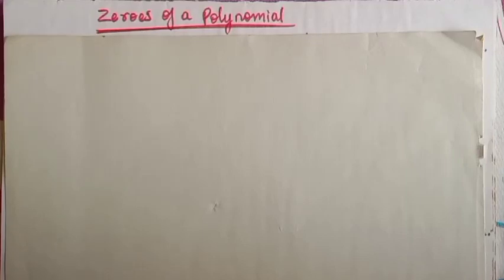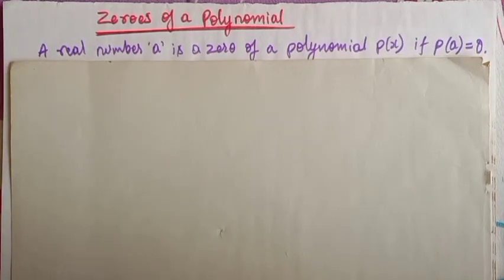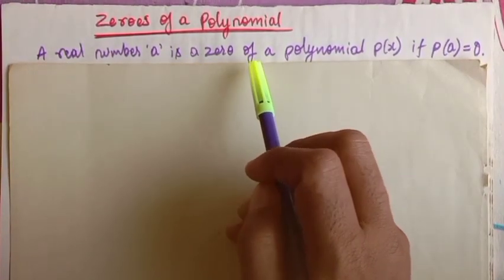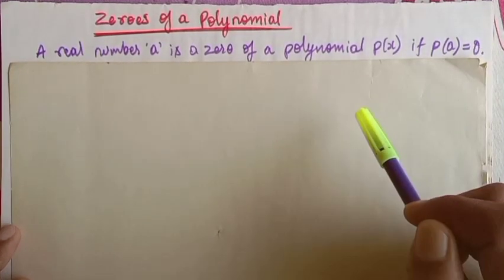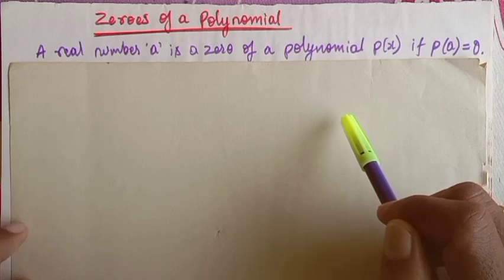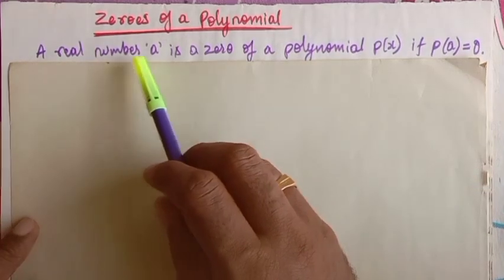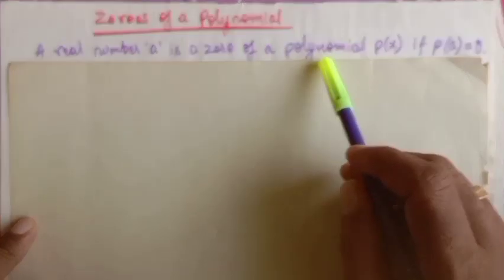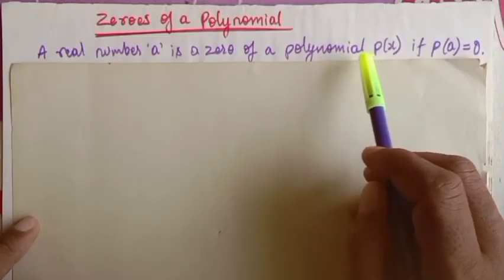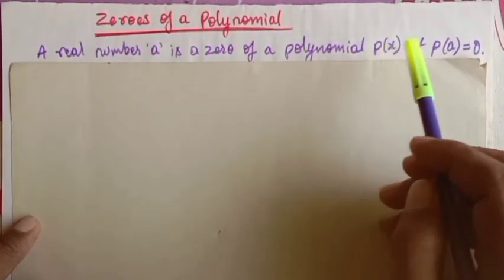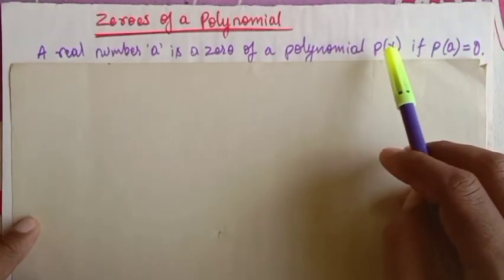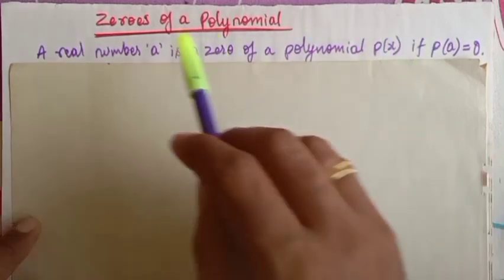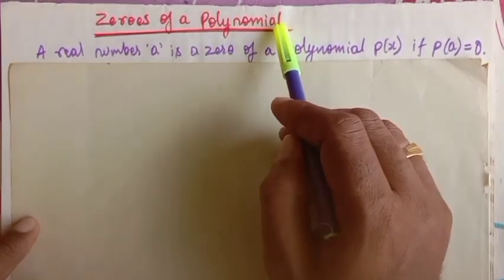Now let us deal with zeros of a polynomial. A real number a is a zero of a polynomial p of x if p of a is equal to 0. That is, when a real number a is substituted in a polynomial, if the polynomial becomes equal to 0, then we call the value of x the 0 of the polynomial.